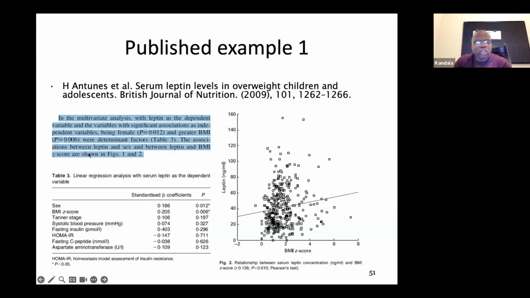The association between leptin and sex and between leptin and BMI Z-score are shown in this table. So this is really very good reporting.